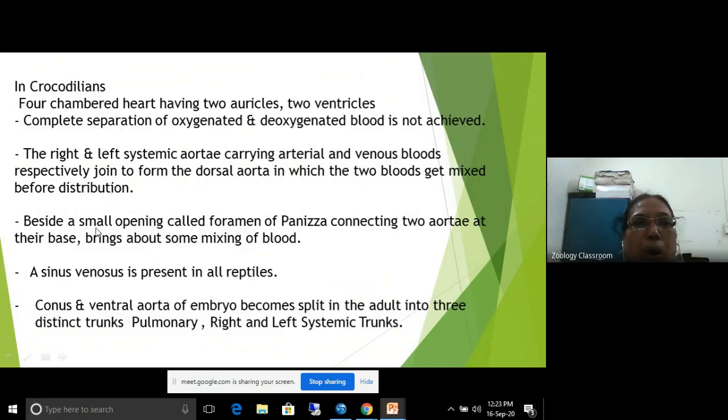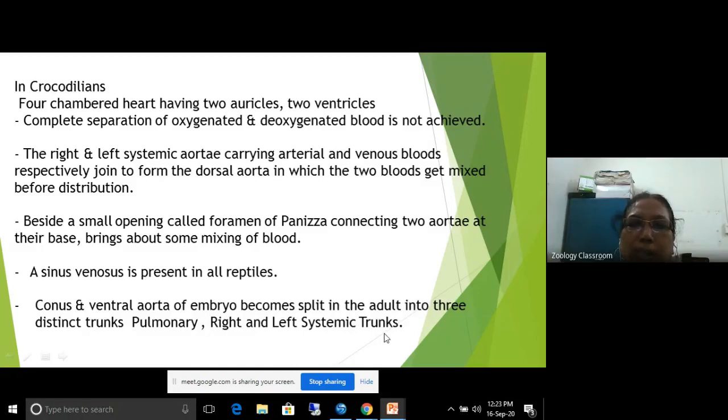Besides, a small opening called the foramen of Panizza, connecting the two aortae at their base, brings about some mixing of blood. The sinus venosus is present in all reptiles, which opens into the right auricle. The conus and ventral aorta of the embryo become split in the adult into three trunks: pulmonary, right and left systemic.